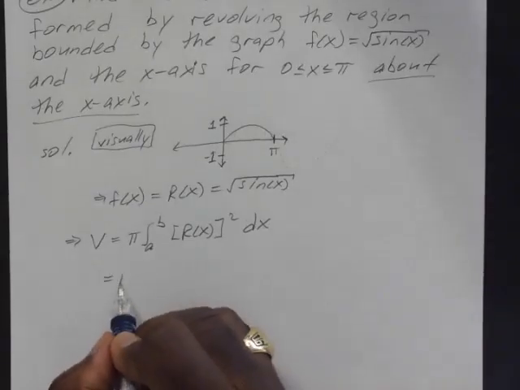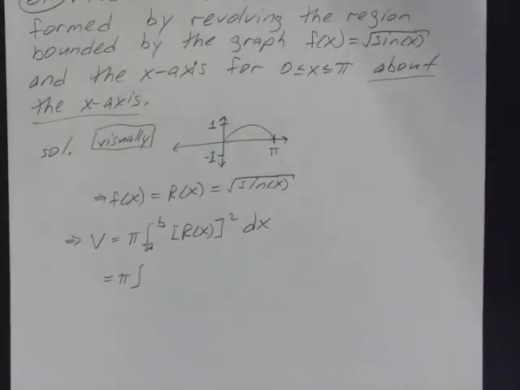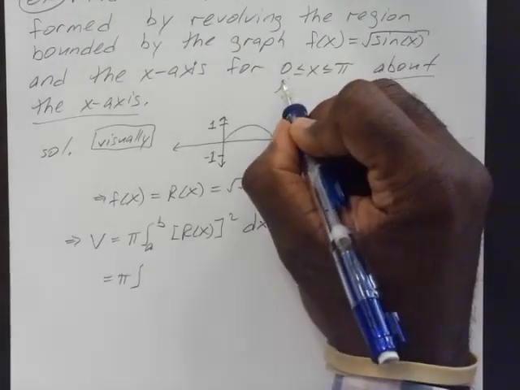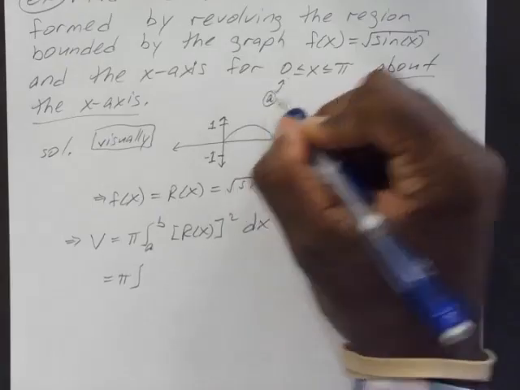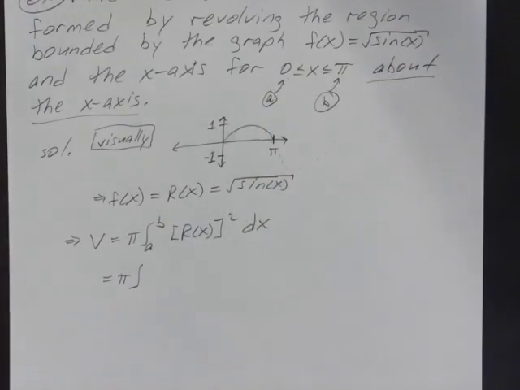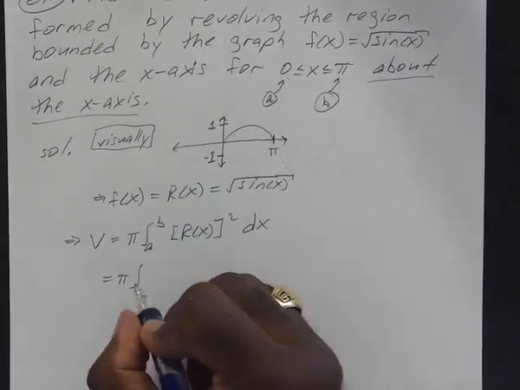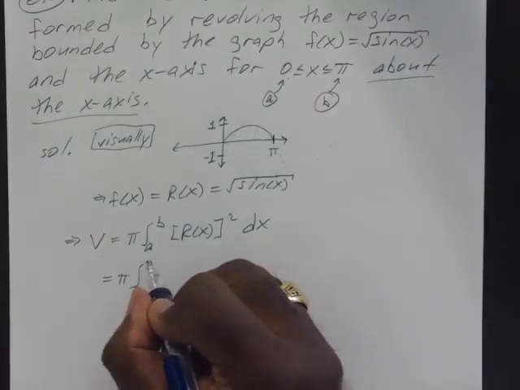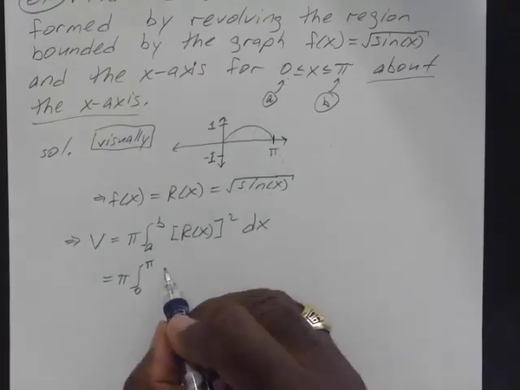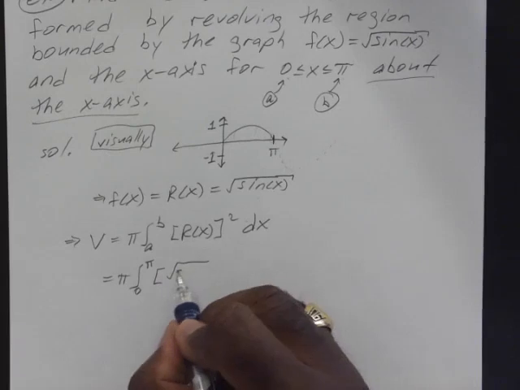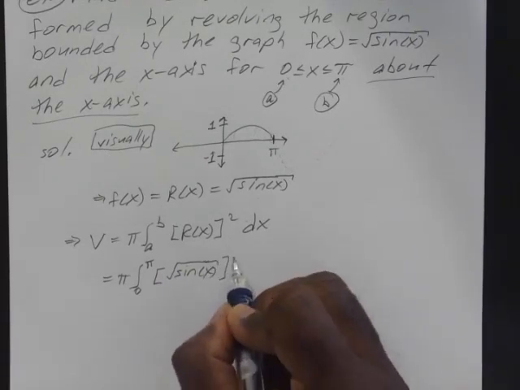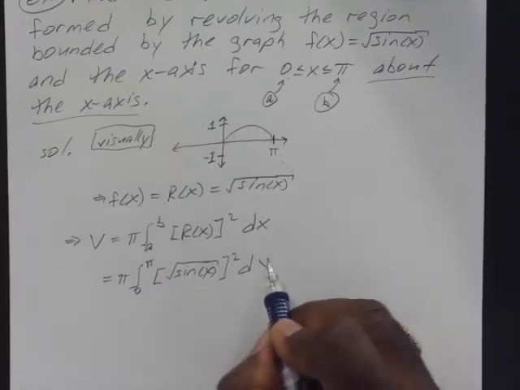All right, well, that gives us pi times the integral. We know for 0 to pi, that is our a, and that is our b. So 0 to pi of our radius function, which is the square root of sine of x, squared with respect to x.